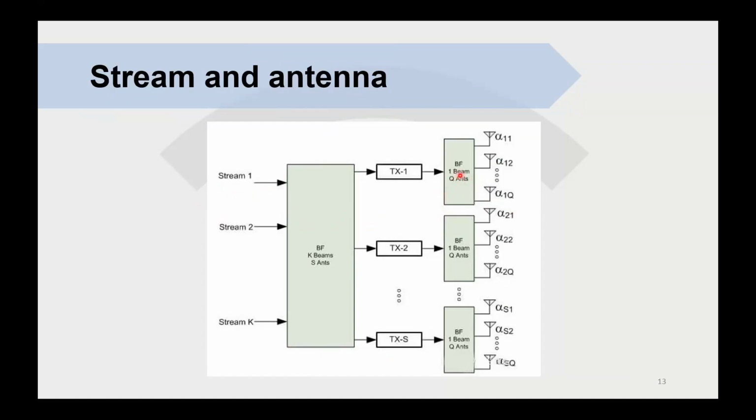Different beams: one beam will correspond to multiple antennas, and there's no really apparent relationship between the string and the antenna. So how do they do the mapping?